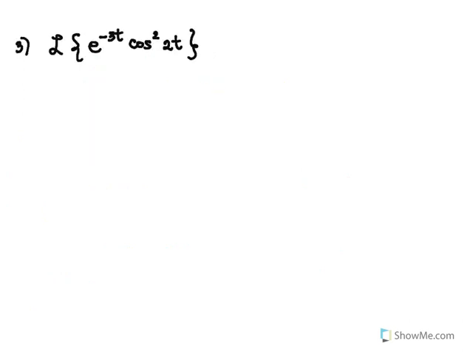Number 3. Laplace transform of e to the negative 3t cosine squared 2t. Since you have a square on your cosine 2t, we cannot just evaluate it as is and do the shifting theorem right away. We first have to use an identity that will make this function appear as a sum or a difference, depending on what identity is applicable.